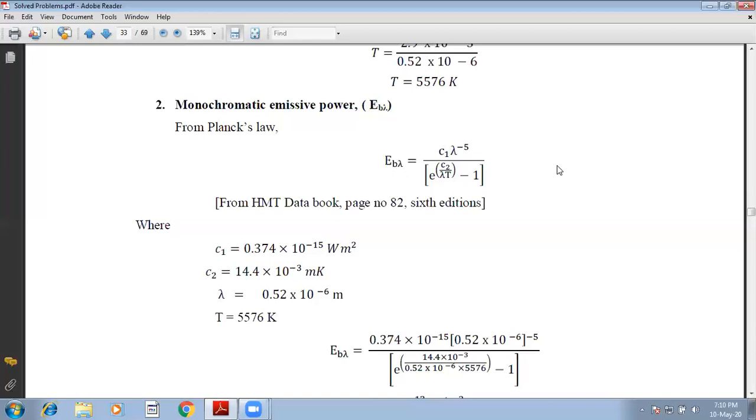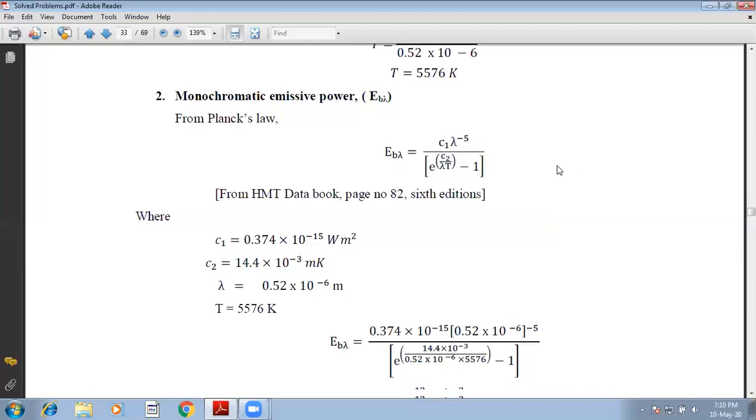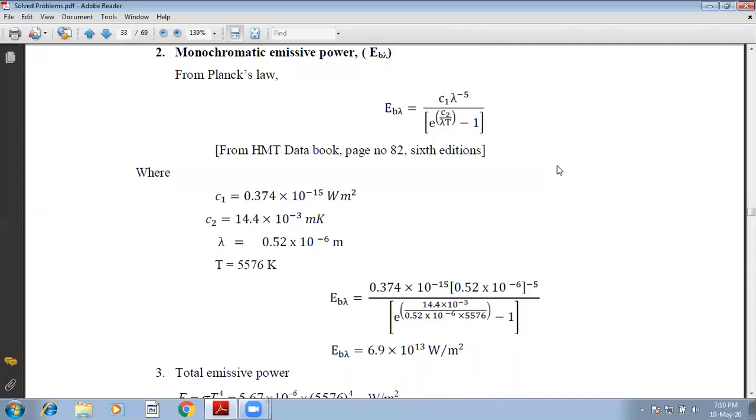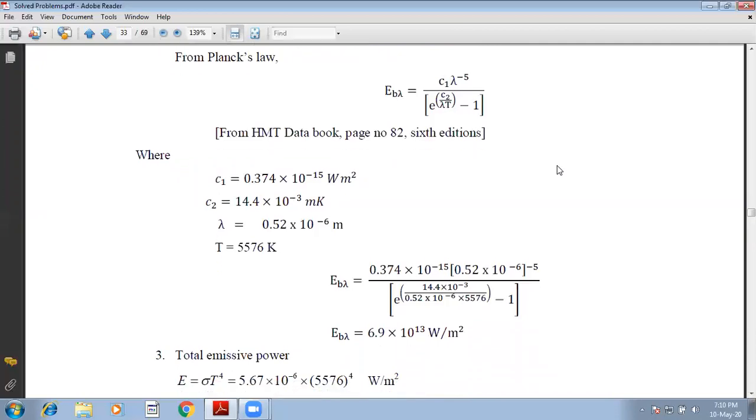If you substitute the values, then you will have the monochromatic emissive power as 6.9 into 10 to the power 13 watt per meter square. Now this is the amount of energy emitted per unit wavelength. That is the definition of monochromatic emissive power.